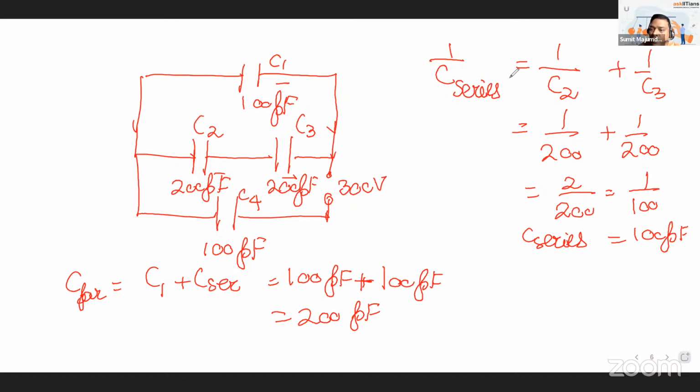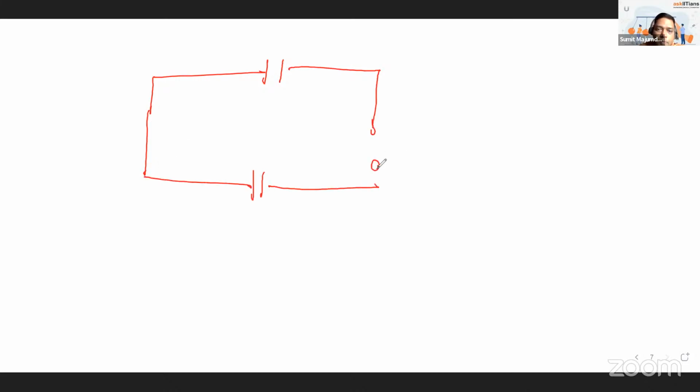So that results in a circuit like this. This is 300 volt. This is 200 picofarad. And this is 100 picofarad. Now you need to understand one thing, that these are not in parallel. How? I'll tell you that.